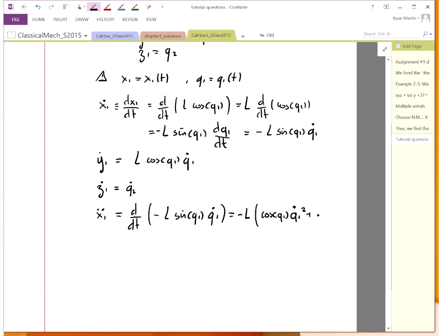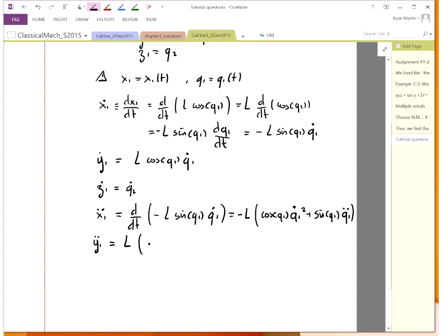And then the other term is plus sine of q1, so that's unchanged. And then it's d by dt of q1 dot. And so d by dt of q1 dot is q1 double dot. So that's the answer for the x Cartesian acceleration. Similarly, y1 double dot is going to be equal to L times, so then we have cos of q1 times q1 dot.